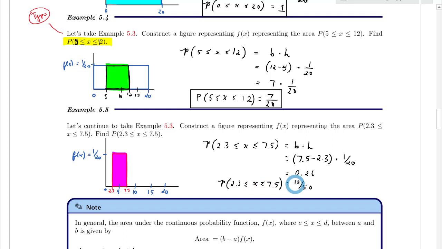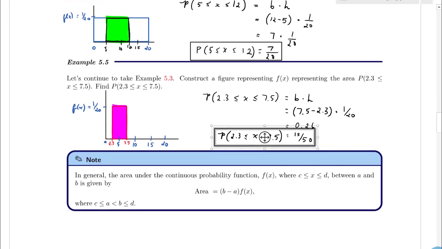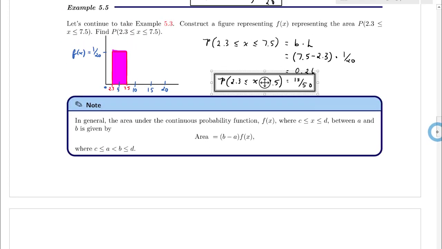So you'll keep the process no matter what, right? Draw the rectangle. I find that to be helpful. And here I wanted to note what we were doing, because it seems like we were doing the same thing. We were drawing a rectangle, shading, base times height. That's exactly what we'll be doing. So in the note, I noted that if we have a function between C and D, and we want to find any area inside C and D, then the area will just be b minus a times the constant function f of x.